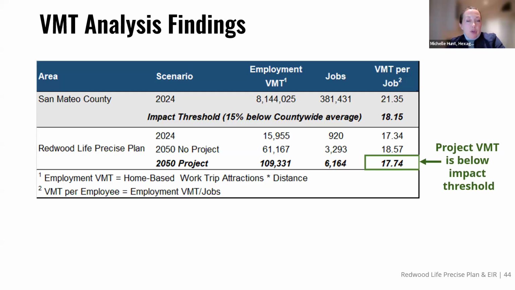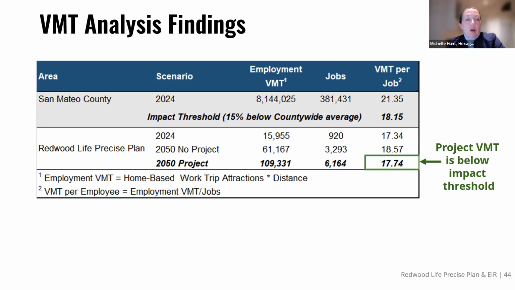The impact threshold that the city of Redwood City has set is 15% below the existing countywide average. So that would be 18.15 miles per job. So for the project right now under existing conditions, we calculate that there is an average of 17.34 miles per job, and this is a daily measure, 17.34 miles per day for each employee who is working at the site.